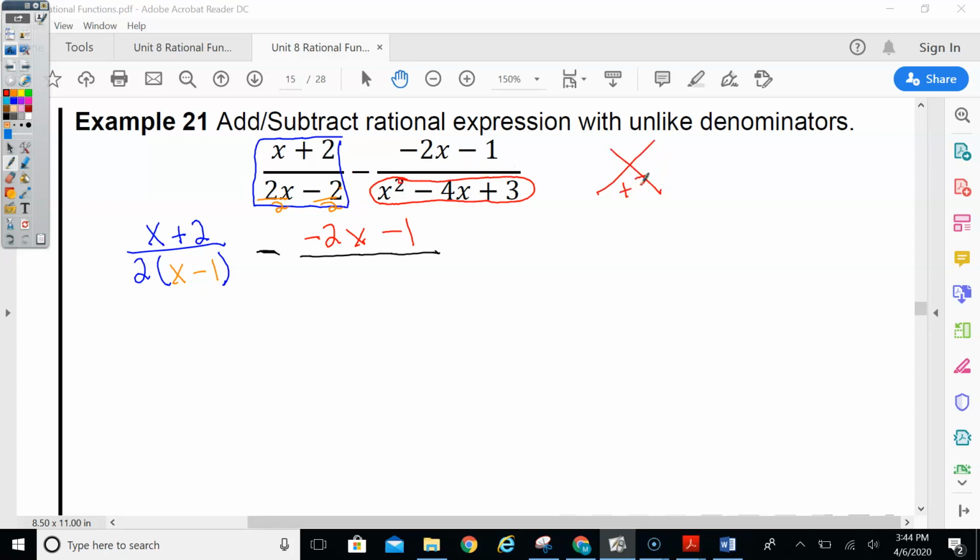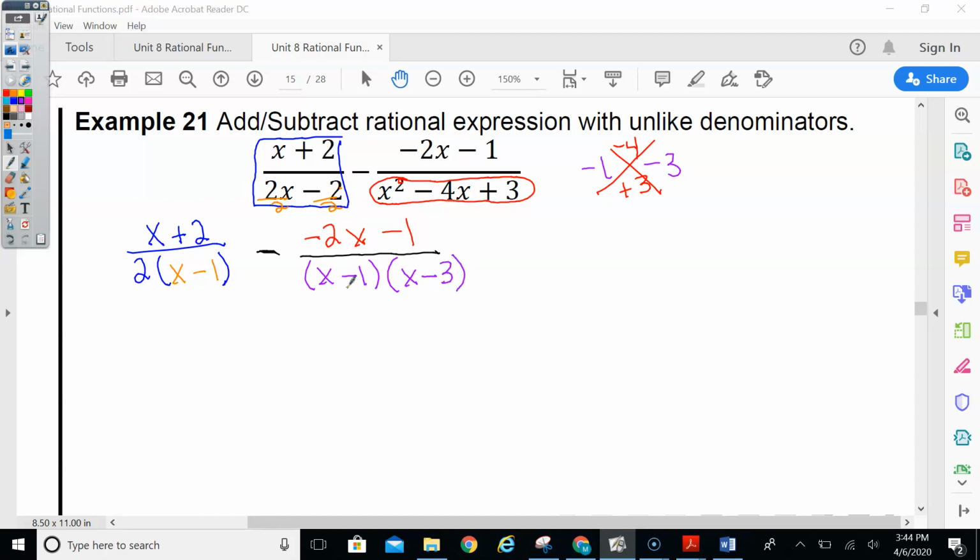So plus 3 and a minus 4. So what are the factors of positive 3 that add to negative 4? Negative 1 and negative 3 give me a positive when I multiply, but add and give me a negative. So that part is going to be x minus 1 and x minus 3.